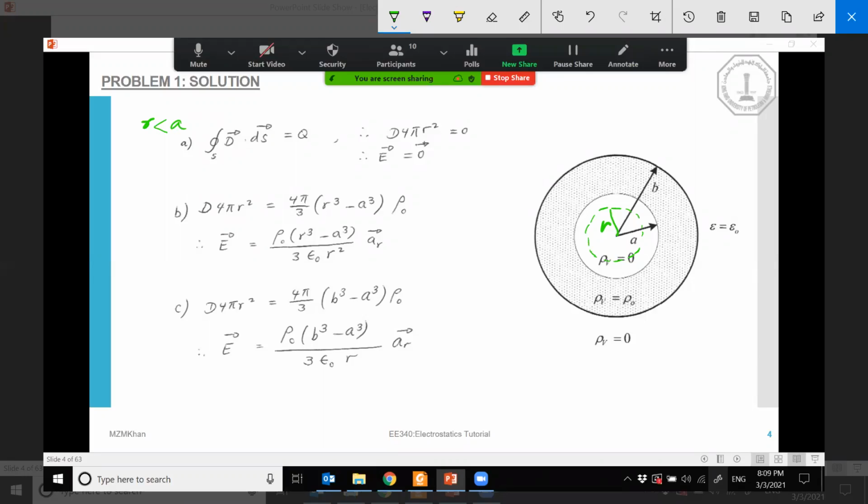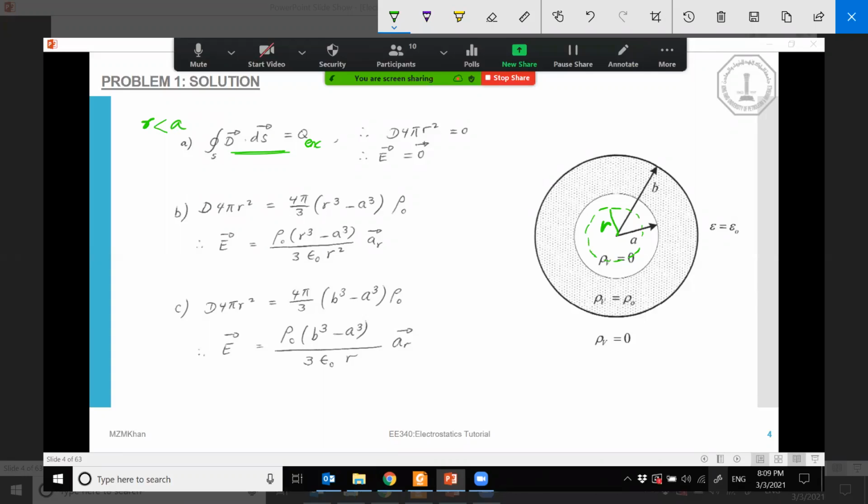Now let's apply Gauss's law. What does Gauss's law say? It says that the closed surface integral of D dot dS is equal to the charge enclosed. Now, inside this green spherical surface, is there any charge or charge density? No, because according to the distribution, the charge is only in this region.